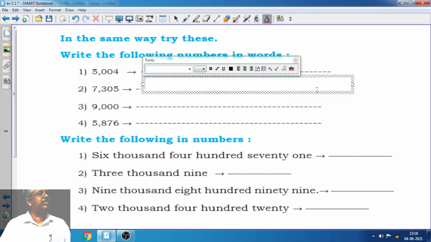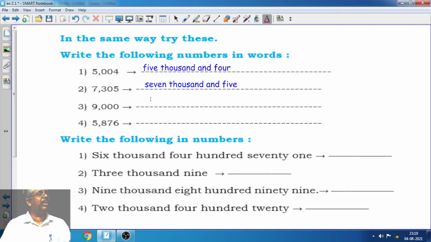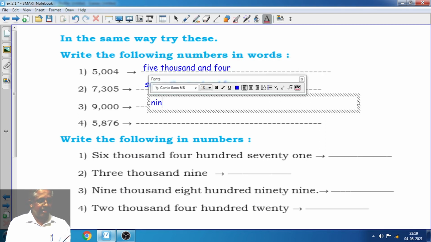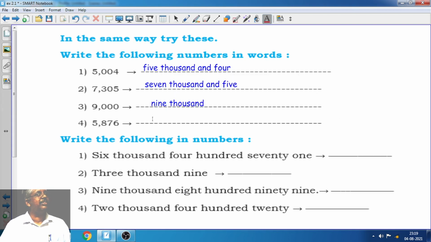And look at this one. This is 7005. And then I have 9000. And let me check this one.